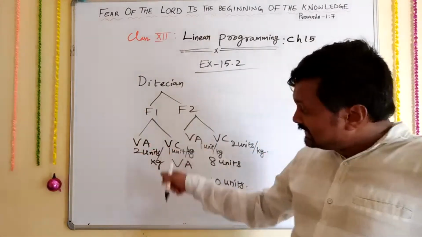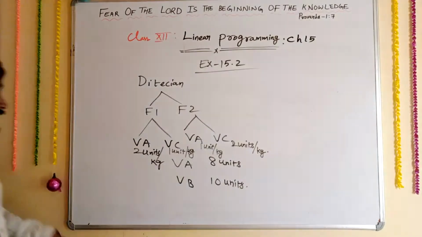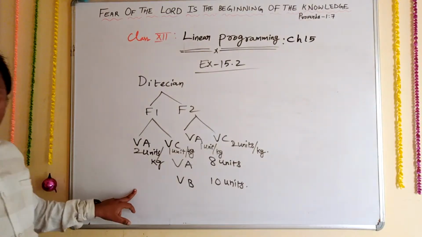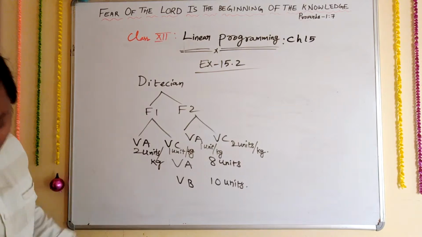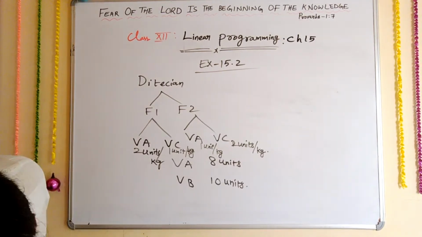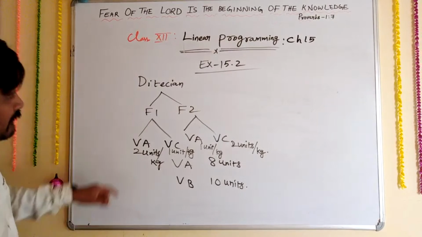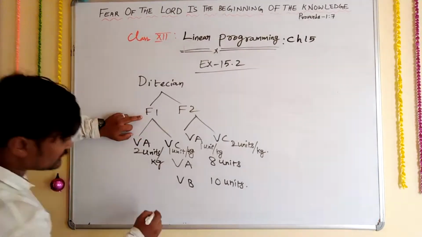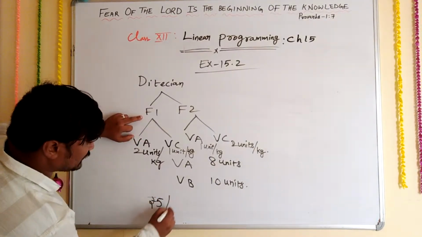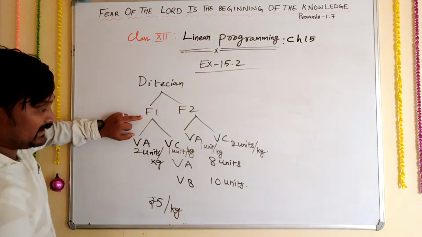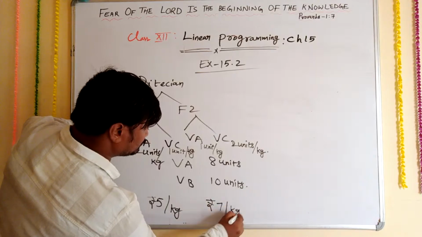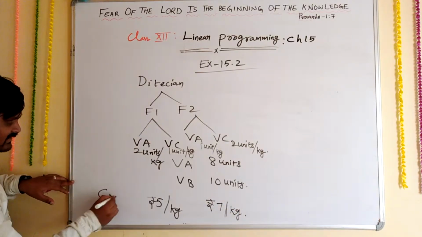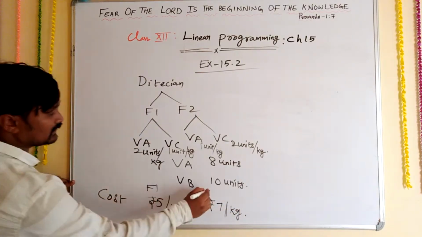At last they have given the cost: food one costs rupees 5 per kg, and food two rupees 7 per kg. So that is the cost of food one and food two.